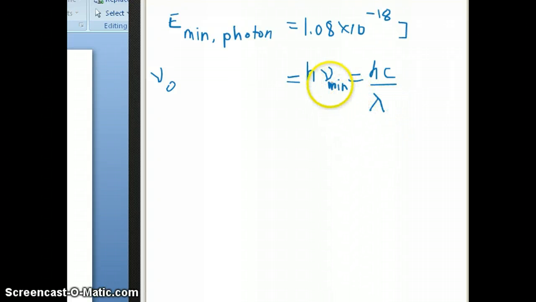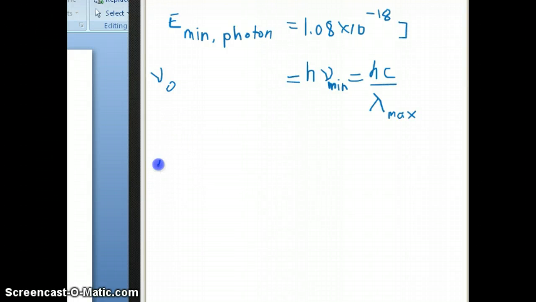As a result, if I'm talking about minimum frequency, that means I'm also talking about maximum wavelength. Because if I go bigger than this wavelength, the energy is below this number. If the energy is below this number, no electron is going to come off the surface of the metal. Okay, so hopefully you understand that reasoning. Now, if you understand that, then the next part of it is just calculating.